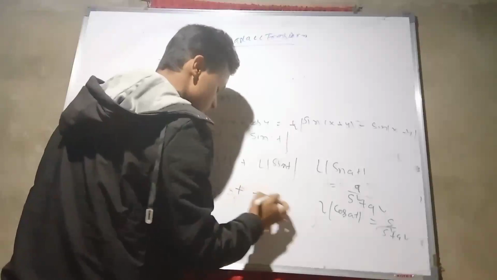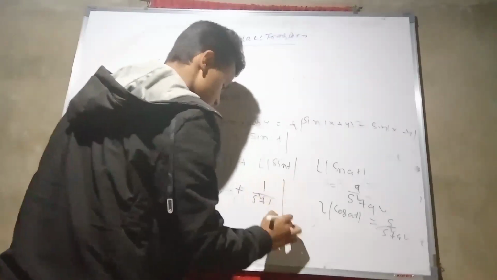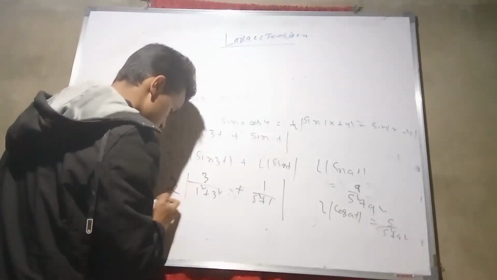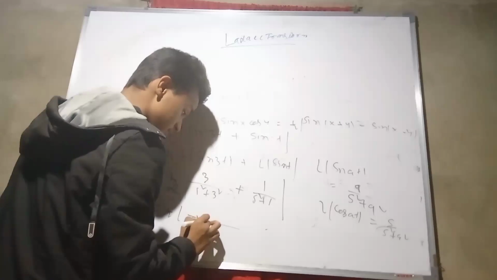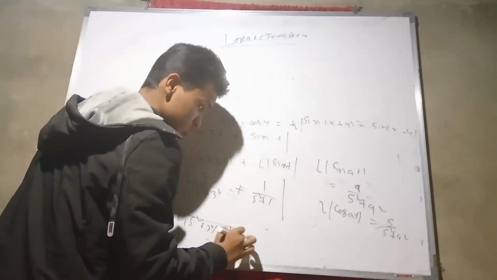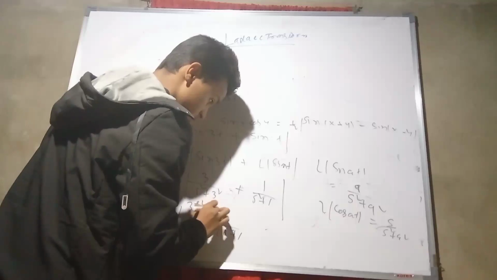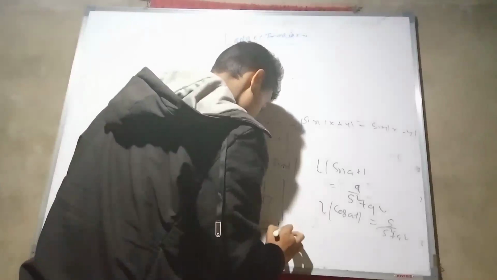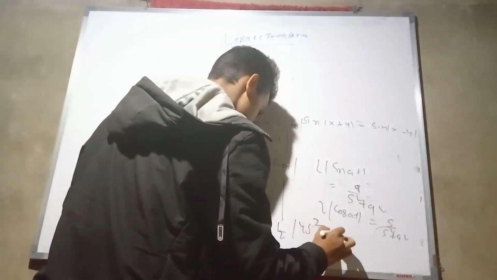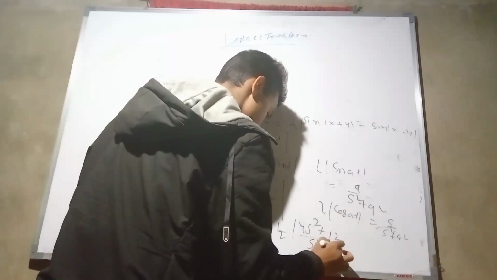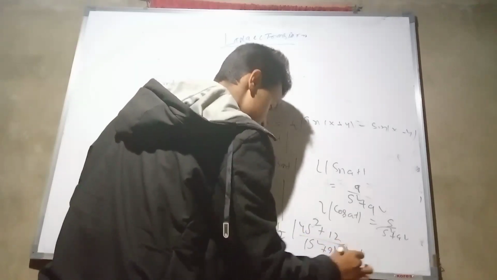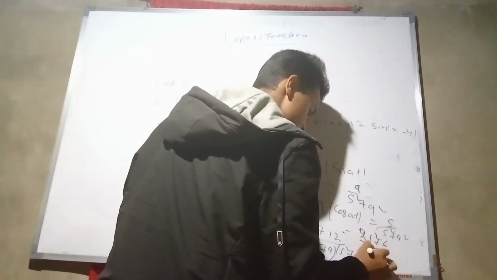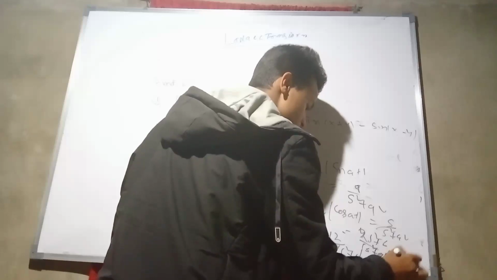What will we get? 1 by 2 of 3(s square plus 1) plus (s square plus 9), so 4s square plus 12 upon (s square plus 9)(s square plus 1). So 2 will cancel, giving 2s square plus 6 upon (s square plus 9)(s square plus 1). So that is our Laplace transform.